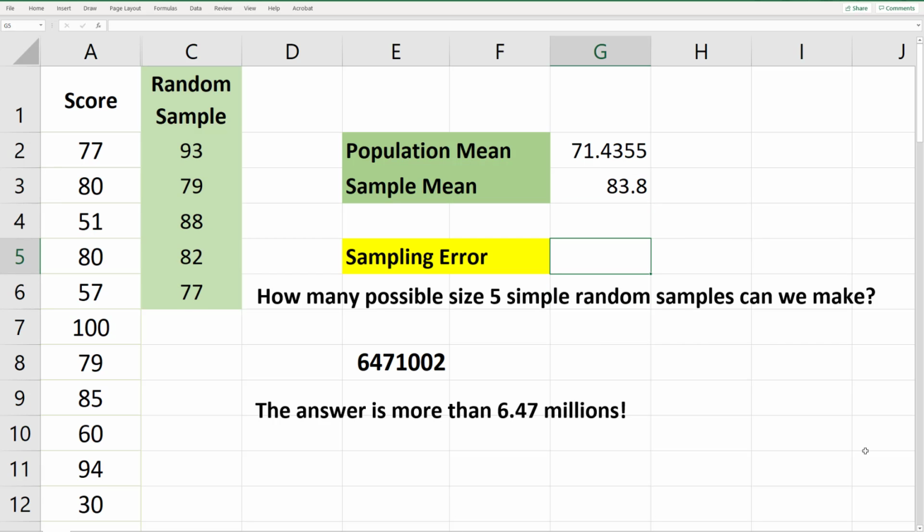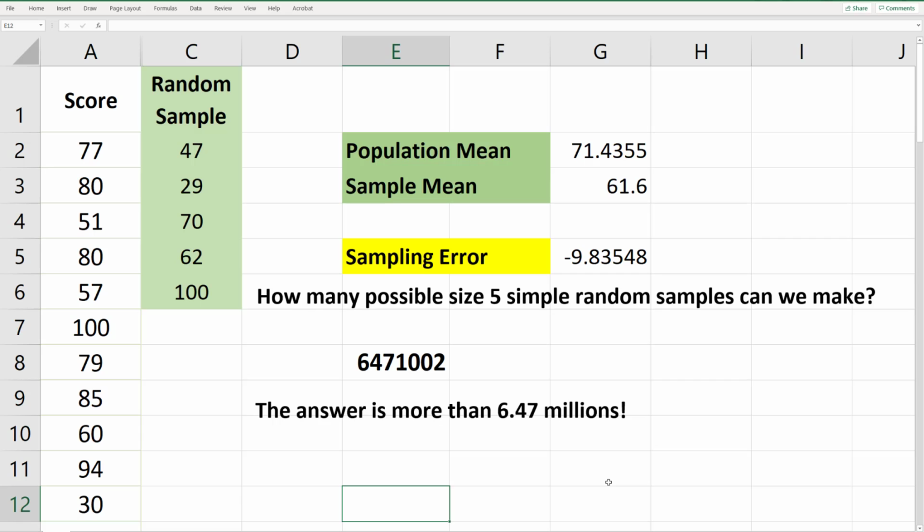We can also easily calculate the difference between sample mean and population mean. It is called sampling error. Sometimes the sampling error is positive, and sometimes the sampling error could be negative.